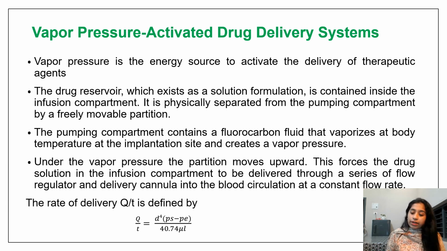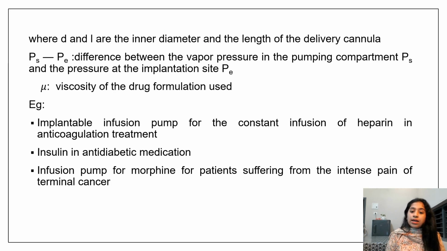Here the rate of delivery is equal to d raised to 4 (Ps minus Pe) by 40.74 mu L. The d is the inner diameter and L is the delivery length of the delivery cannula. Ps minus Pe is the difference between the vapor pressure in the pumping compartment and the pressure at the implantation site. Mu is the viscosity of the drug formulation used.